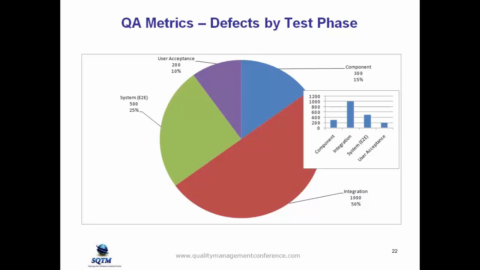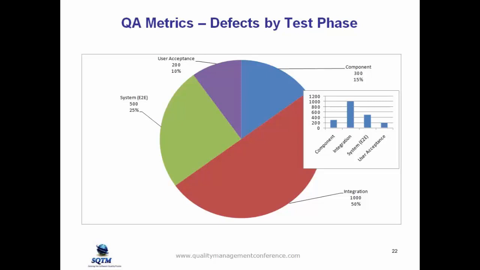We found 25% end-to-end, and we found 10% in user acceptance testing. It's not bad, but we want to understand, were they defects that were found in integration testing that should have been caught in component? We also want to find, were there defects found in end-to-end testing that should have been found in integration?